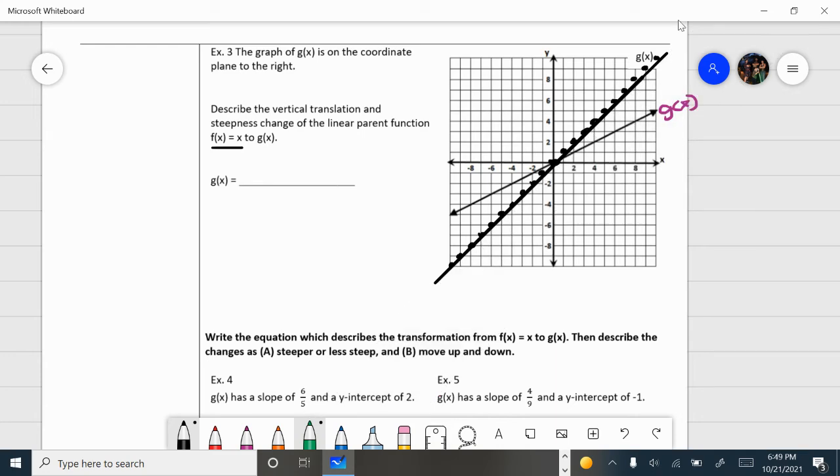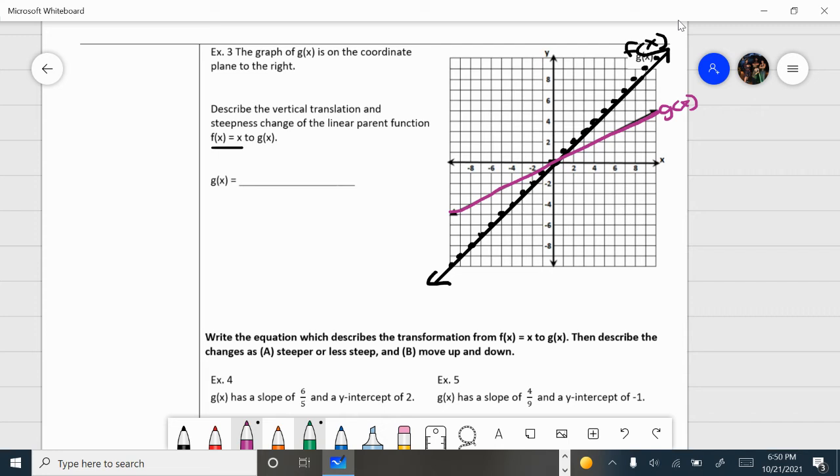There we go. There's our linear parent function. We're going to call this f of x. As you can see, g of x, the line that was already graphed, is not as steep as f of x.